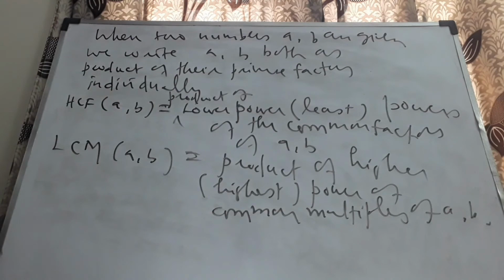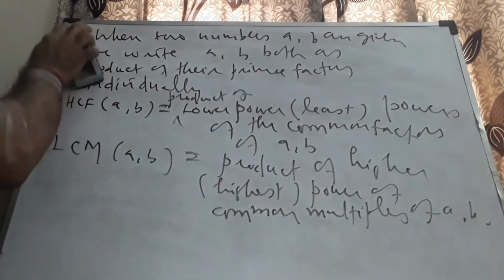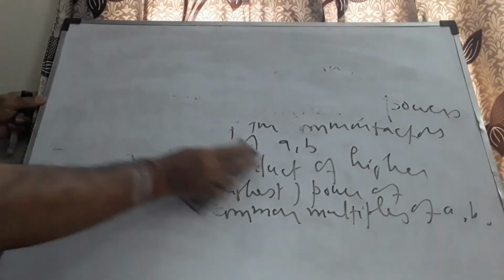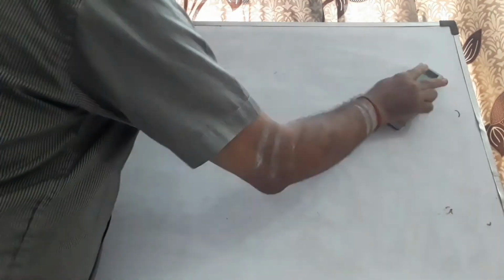For two numbers, there is one more result. The product of two numbers will always be equal to the product of their HCF and LCM. It is true only for two numbers. Let me take just one more example.